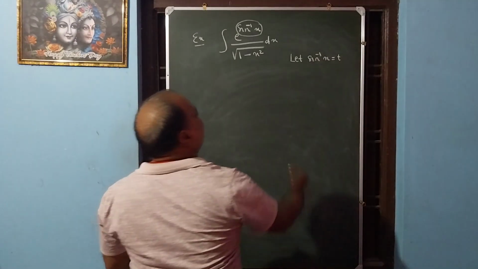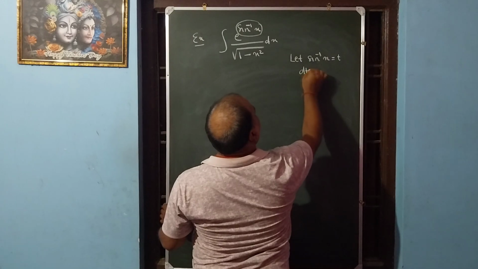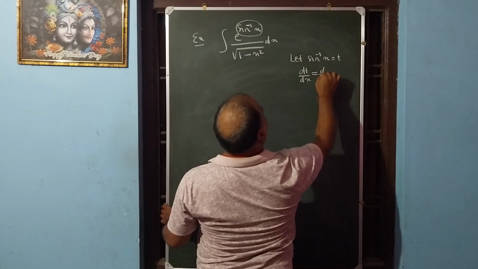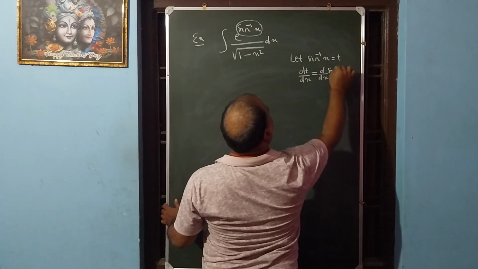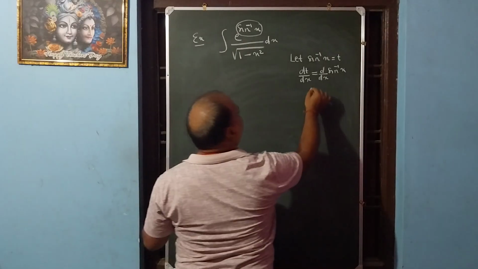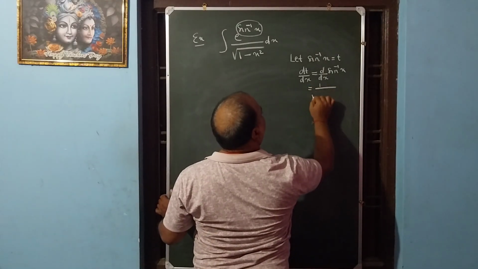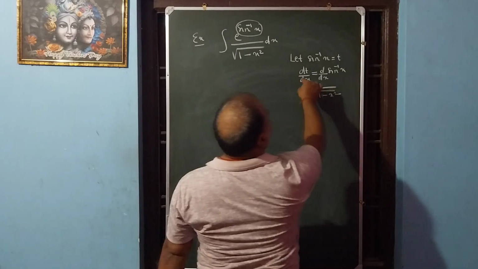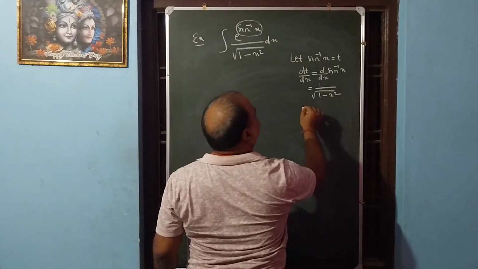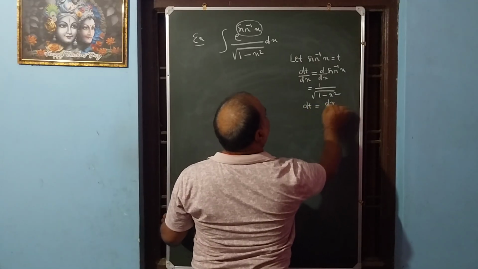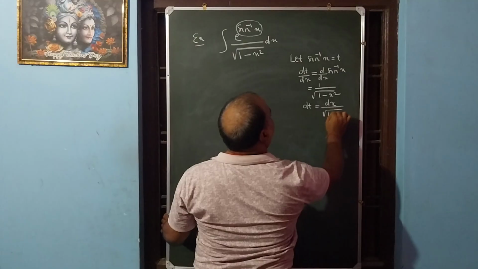So we get dt by dx equal to d by dx of sin inverse x. The derivative of sin inverse x is 1 by square root of 1 minus x square. Multiplying by dx, dt is equal to dx by square root of 1 minus x square.